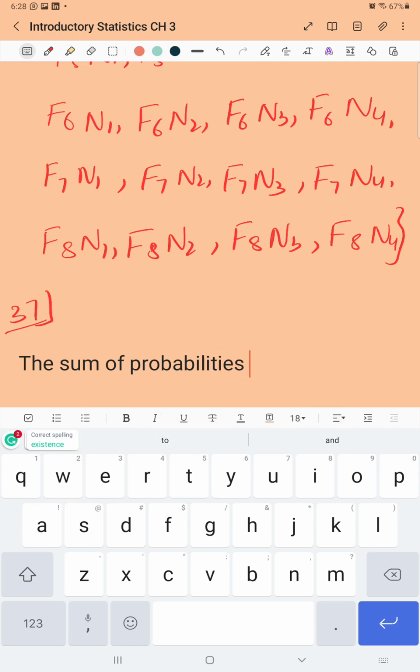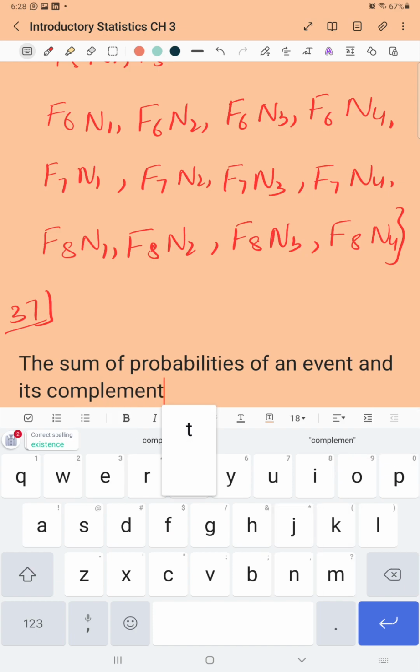The sum of probabilities of an event and its complement is always equal to 1.